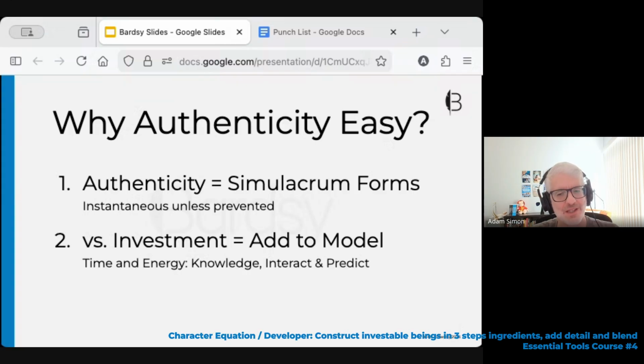Investment, on the other hand, is super hard, right? Investment means they have to build that model over the course of your novel, investing time and energy, and most importantly, interacting with that model so that they can make predictions about the character's behavior.